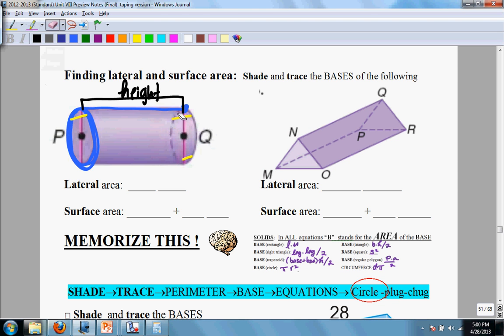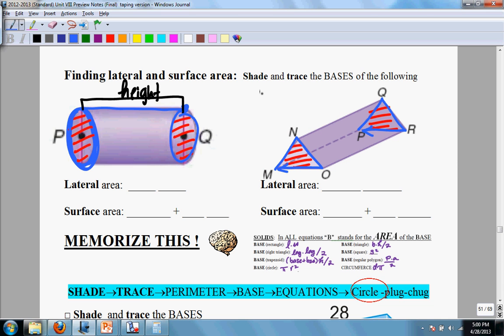I'm going to use red. Shade and trace the bases. Here my bases are these triangles. Shade and trace the bases.